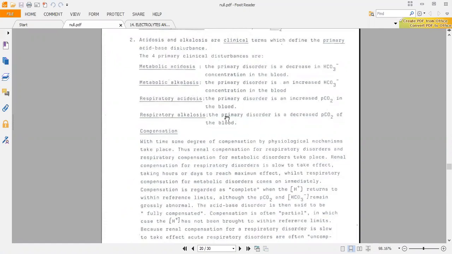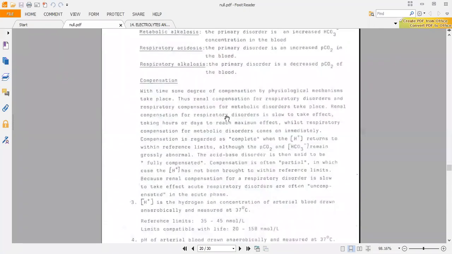Good. Now, there is a concept of compensation, okay? I've already emphasized that when you talk about compensation, it means that something is happening to bring the pH back to normal. So there have been some disturbances. You realize that the person's bicarbonate levels have changed, the person's partial pressure of carbon dioxide has changed, but when you look at the person's pH, it is within normal range.